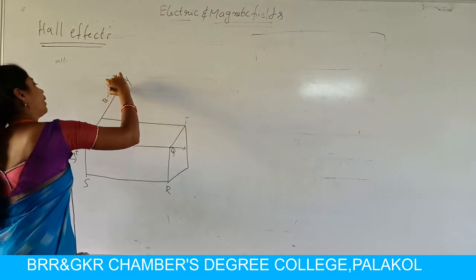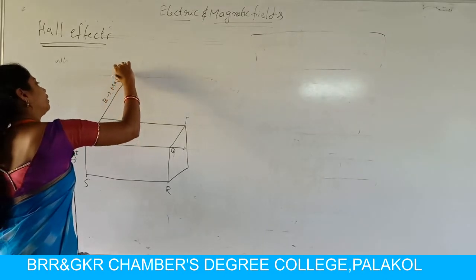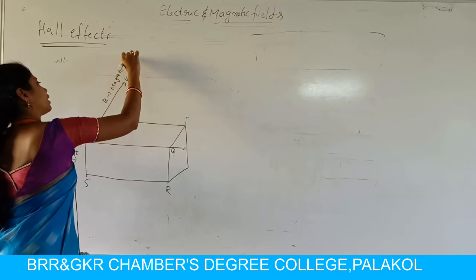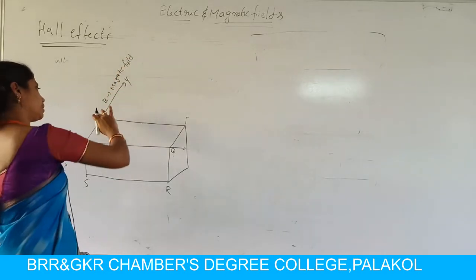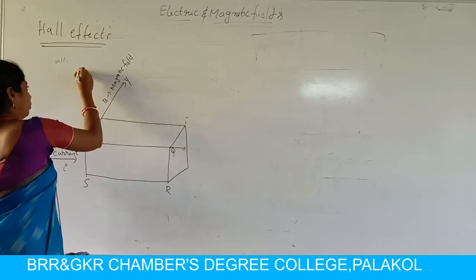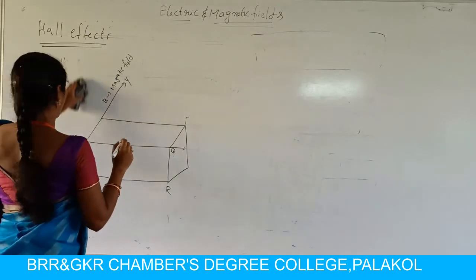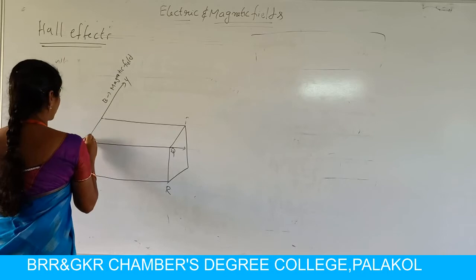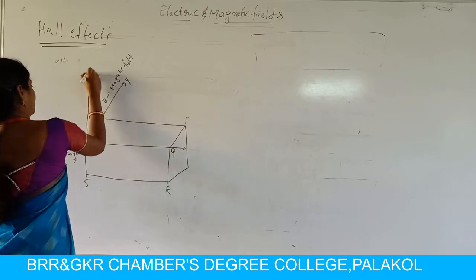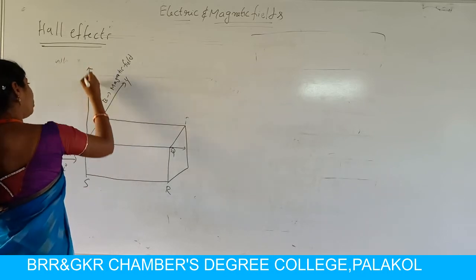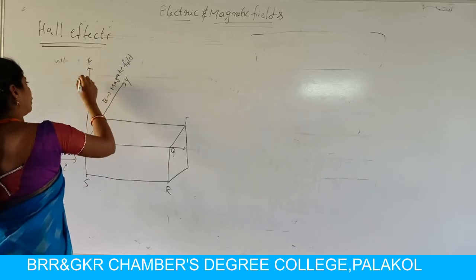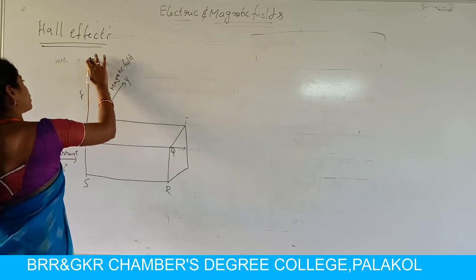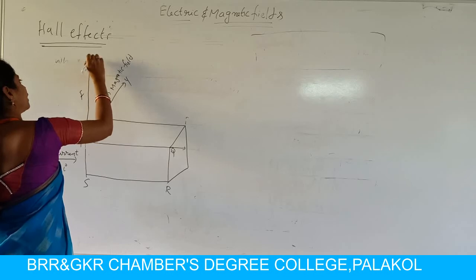By these two effects, the electric field and magnetic field are simultaneously perpendicular to each other. Then by Fleming's left hand rule, a force is created in the z direction.